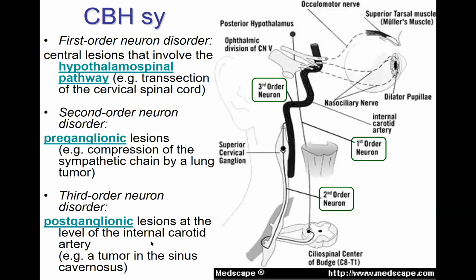And so when you see these symptoms, you should think about where is the problem. So the problem can be where we have talked about that.